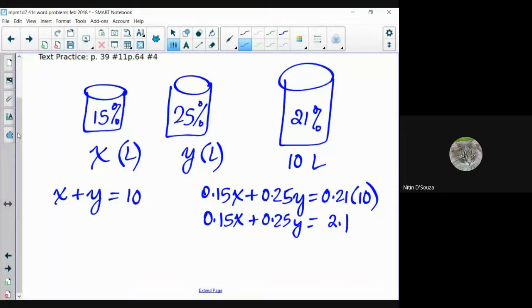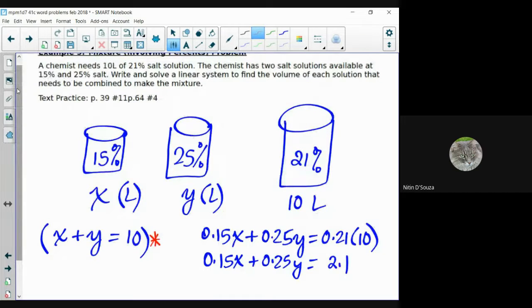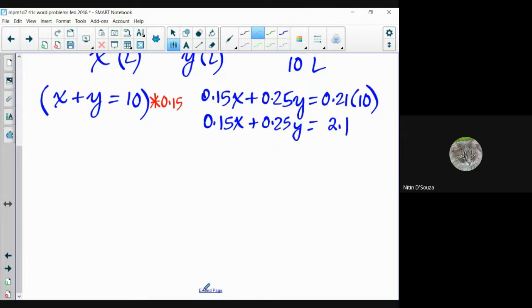So the easiest thing to do in this situation is elimination. So this question said, find the volume of each. So it doesn't matter whether I solve for X or Y, I got to find both anyway. So if I multiply this by 0.15, 0.15 times X, 0.15 times Y, 0.15 times 10.